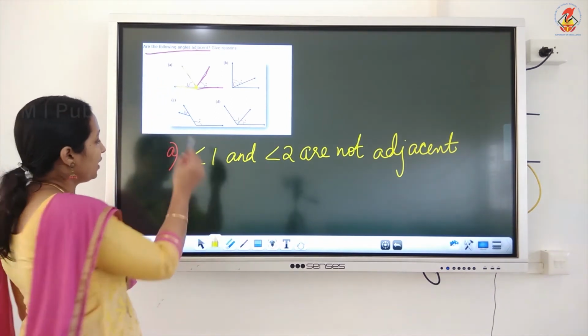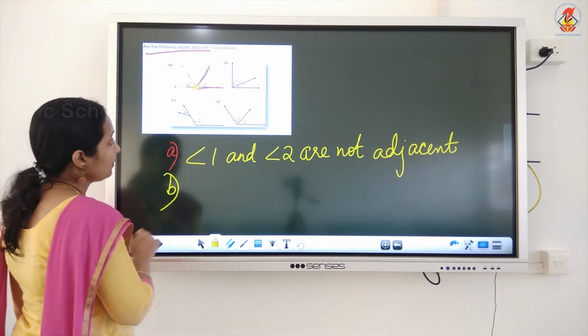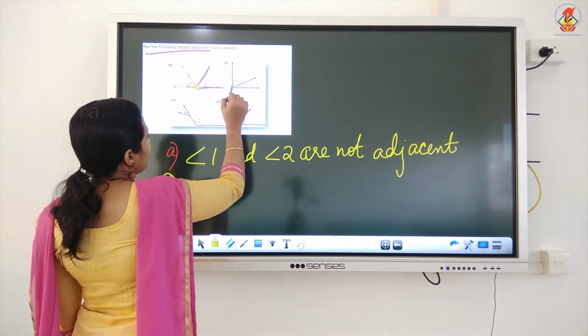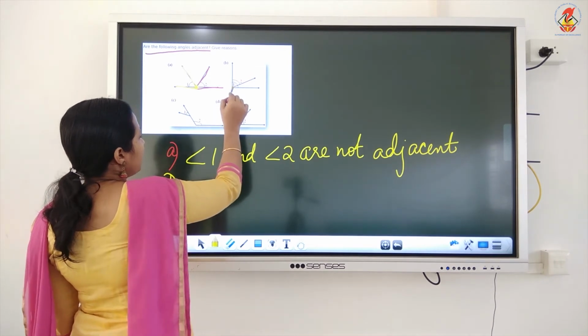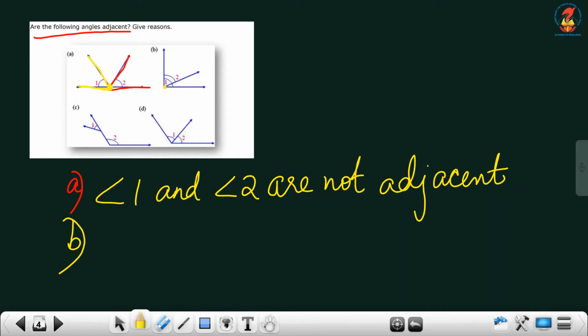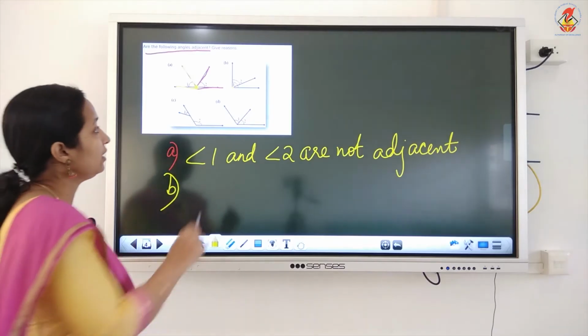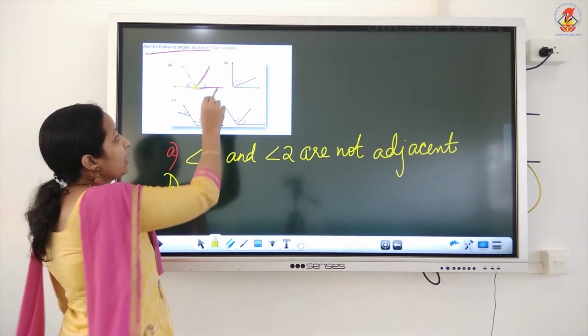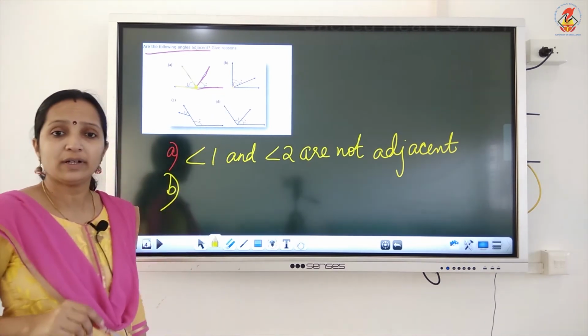Now, look at the next figure, question B. This is the common vertex for these two angles. Angle 1 is this, angle 2 is this. Common vertex is there, but one problem is there. Here the overlapping is coming, that means covering the same part. Angle 2 is covering the part of angle 1 itself, is it?